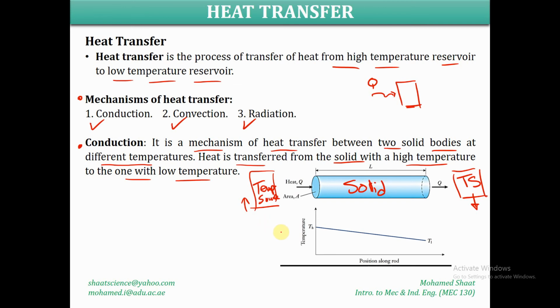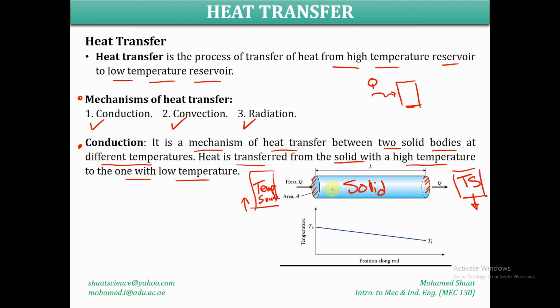So heat conduction requires a bridge, a solid medium to allow for the heat transfer between two solid objects or bodies at different temperatures. The heat will be transferred through the solid from the one with a high temperature to the one with a low temperature. So this is the heat transfer by conduction. Again, it requires a solid medium to allow for the heat transfer. We start from the high side. Assume that this side is at a temperature that is bigger than the temperature of the other side.